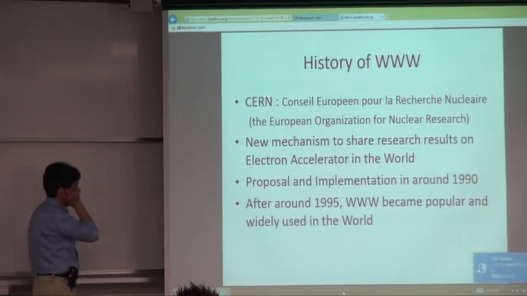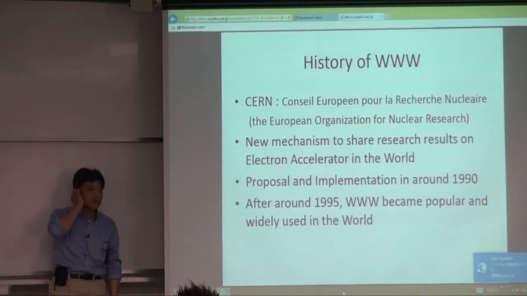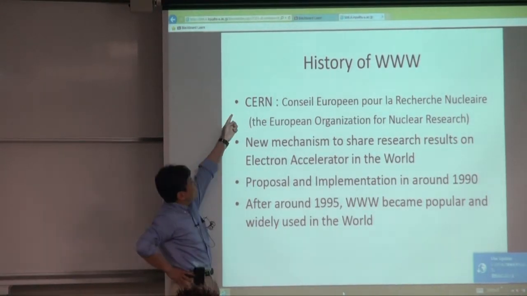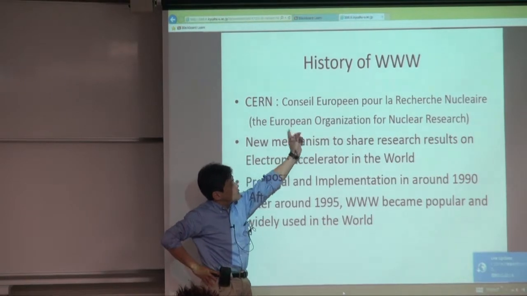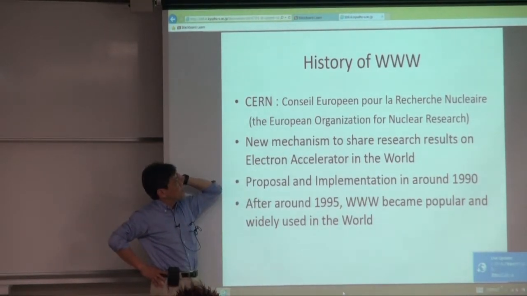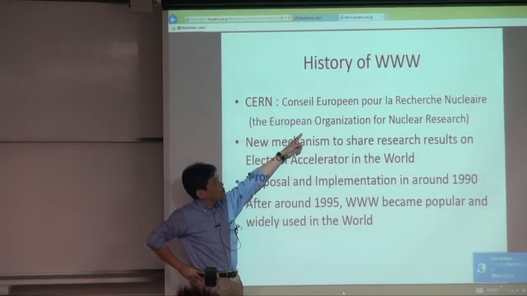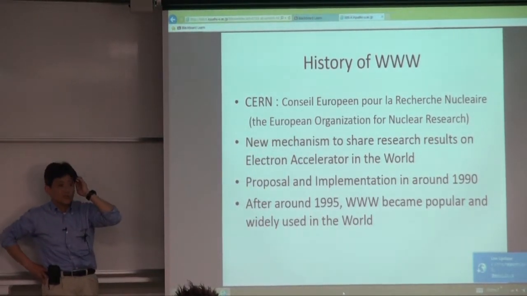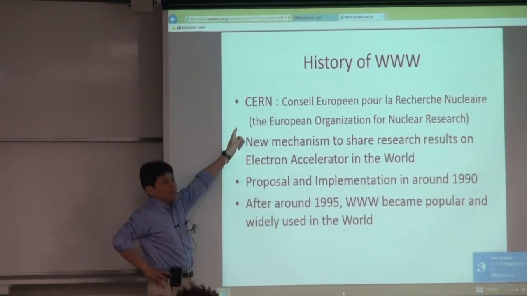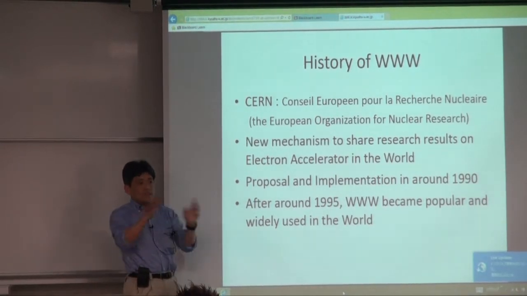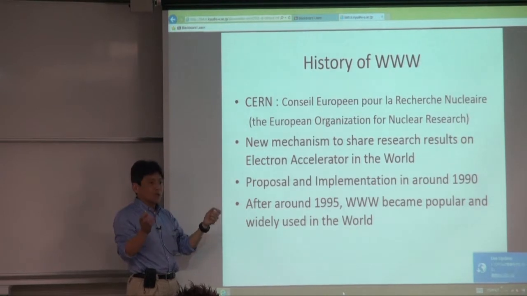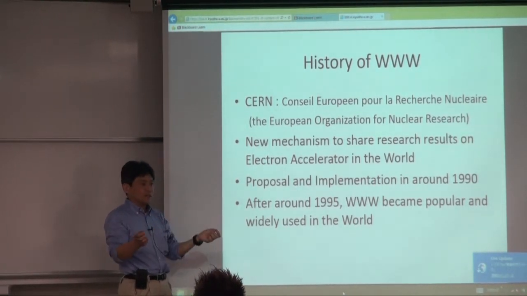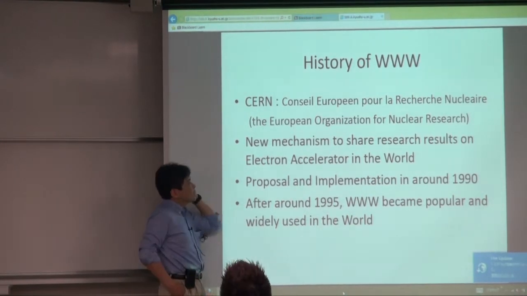This shows an introduction to the history of the World Wide Web. CERN is a short term for the European Organization for Nuclear Research, located in Switzerland. One of the researchers at CERN wanted to share state-of-the-art research results all over the world.